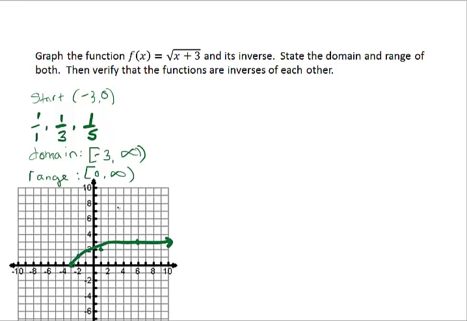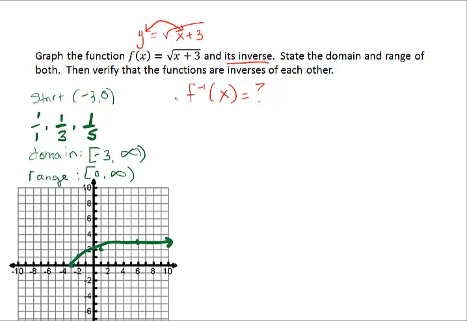Okay. Now we need to graph its inverse. In order to graph the inverse, I need to first find the inverse. So to find the inverse of my f function, I want to rewrite this as y equals the square root of x plus 3. And I want to go ahead and switch out my x and y values. I know that those are going to trade places.